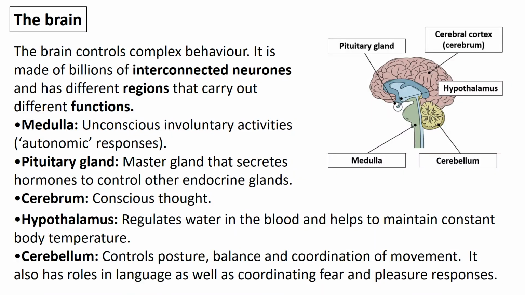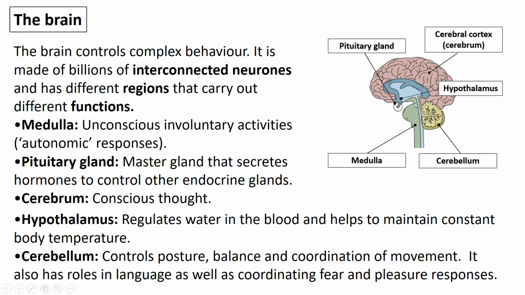Right, one of the other areas we need to look at is exactly how the brain works. So the brain, you'll have heard about, is quite an important sense organ in the central nervous system. And there are different regions to the brain which help it to carry out different functions. So there's the region called the medulla that you can see is in the main stem here. So you need to be able to identify where these regions are and what they do.